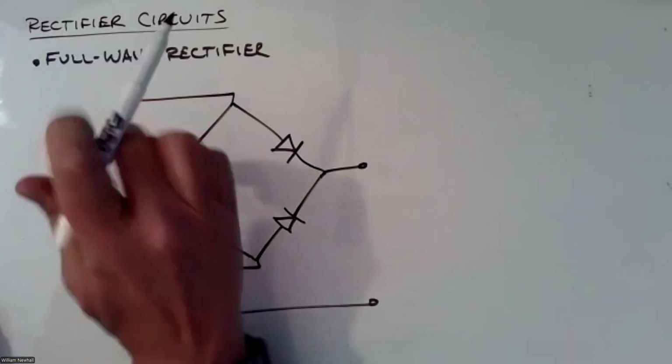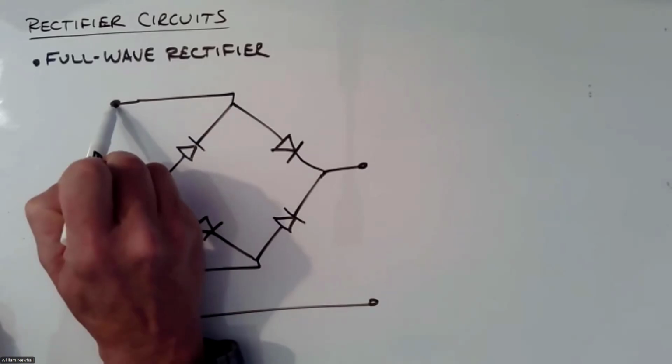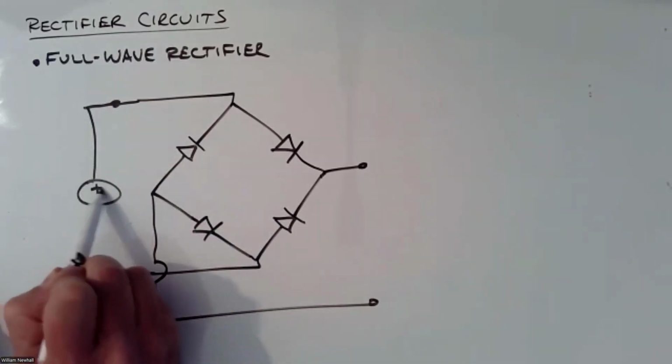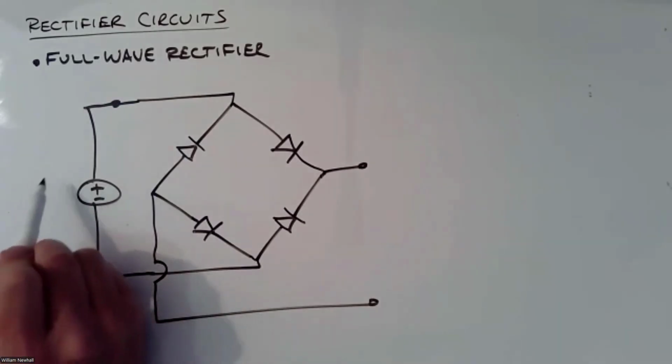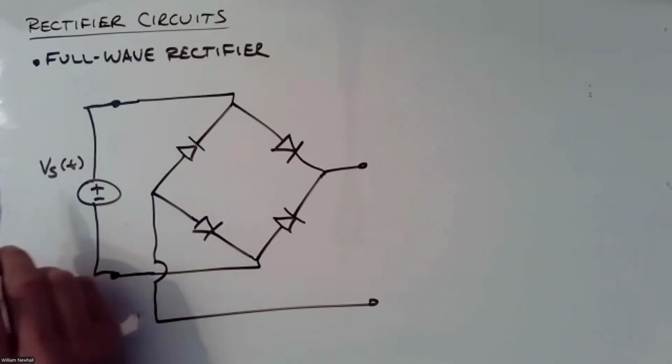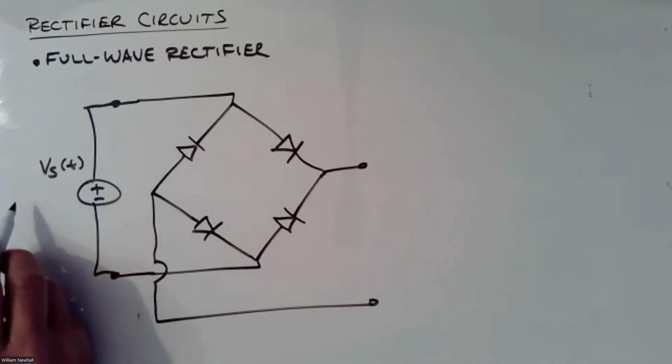On the left, we're going to put the source. And let's make this again 10 sine omega t.